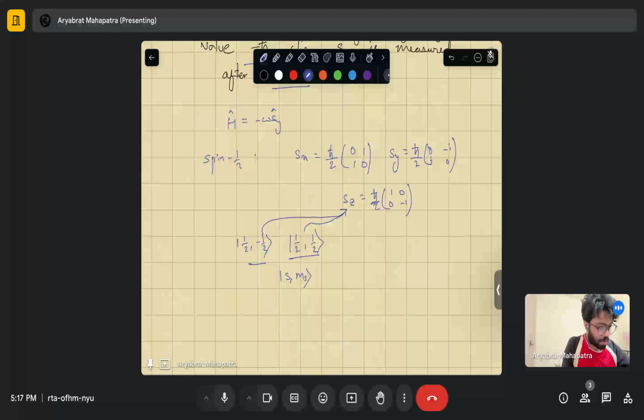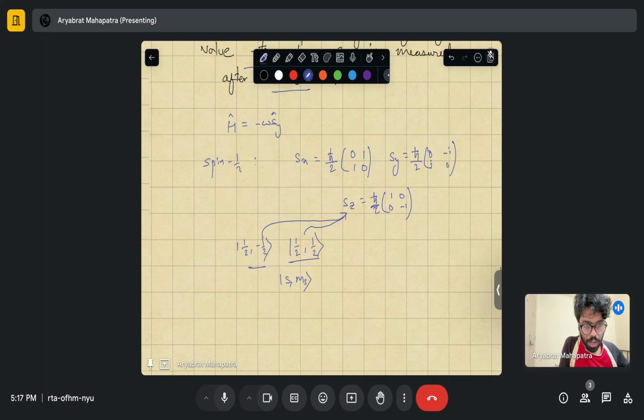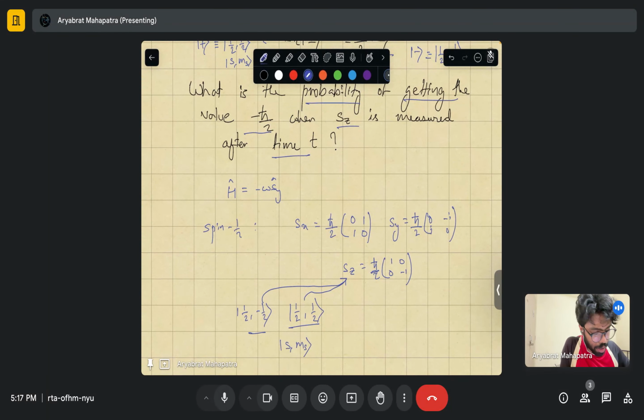No, what I'm trying to tell you is that we have to calculate the probability at the end, which is what is asked in the question. To calculate probability, we do an inner product. Let's say I have some psi and a linear combination C1 phi 1 plus C2 phi 2.